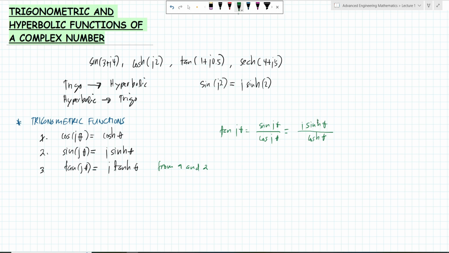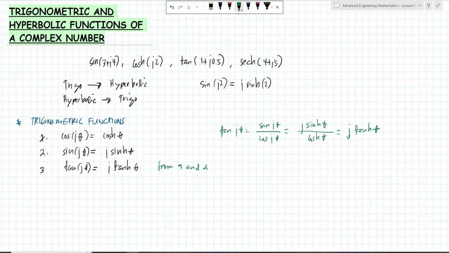Sine over cosine is tangent, so we get j tangent hyperbolic of theta. These are the three basic conversions.